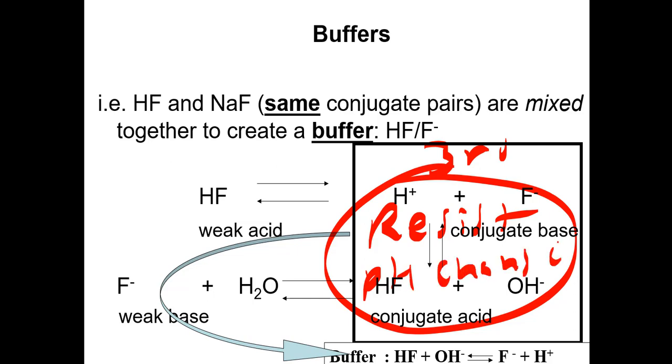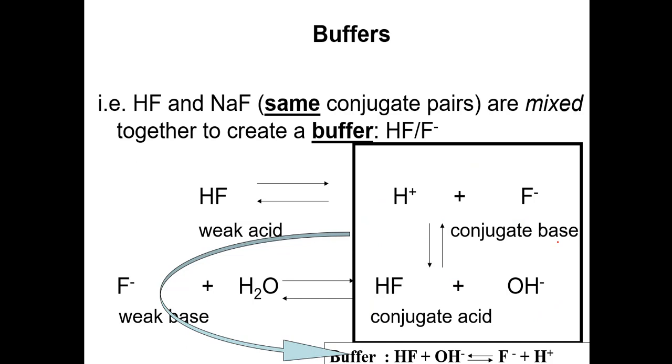So even if you add in an acid or base, it doesn't like to change the overall pH of the solution, because this equilibrium will adjust itself to offset any new acid or base that is added in there.